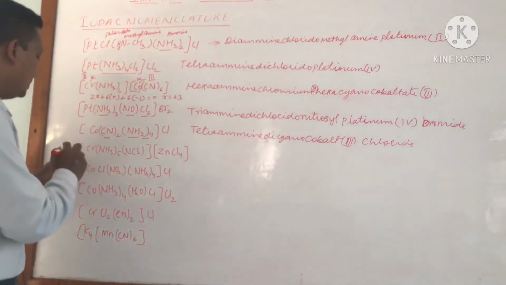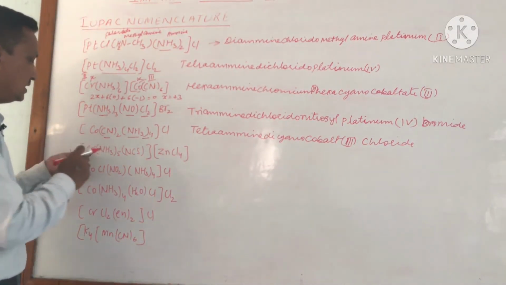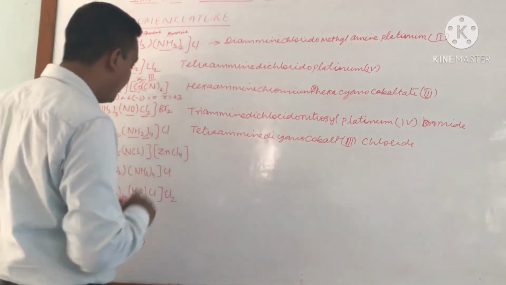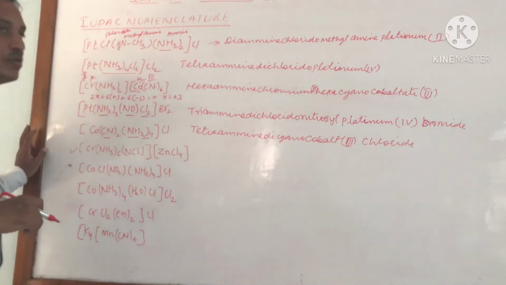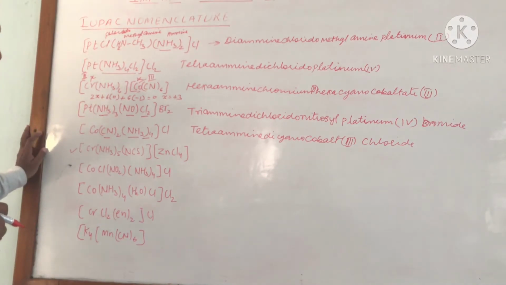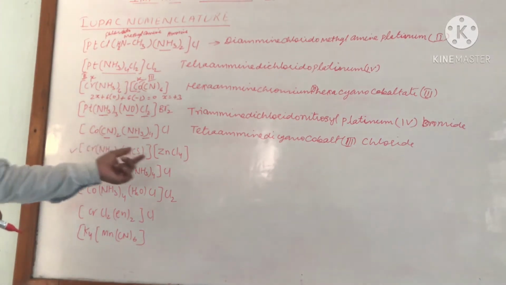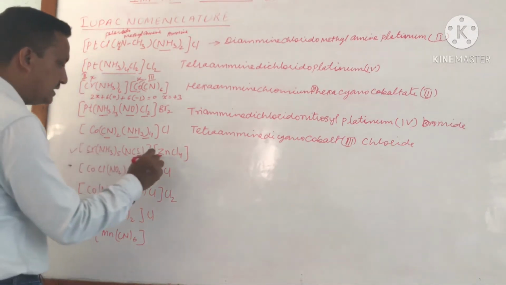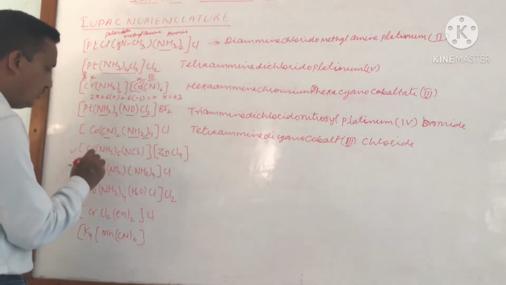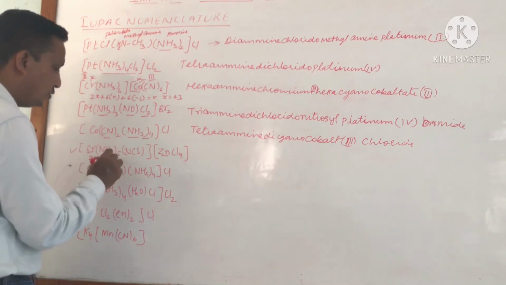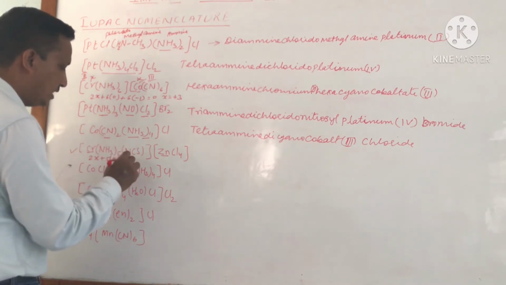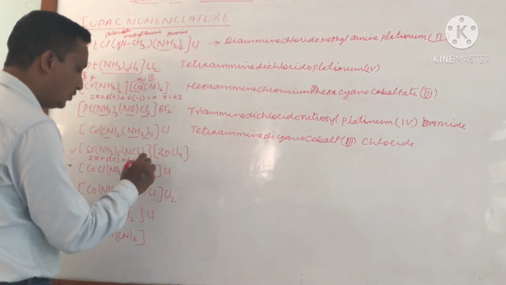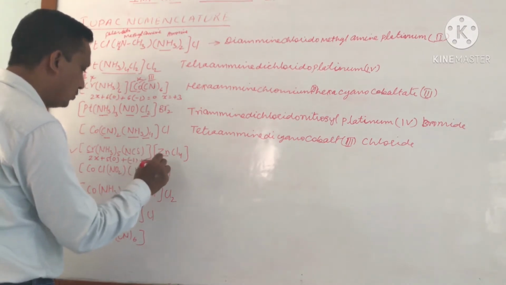Okay, next, this is a very important complex, [Cr(NH3)5(NCS)][ZnCl4]. In this complex we are to find out the oxidation state of chromium and zinc also. First we consider Cr and Zn as x, so it would be 2x plus 5 into 0 plus minus 1, then plus 4 into minus 1 equal to 0.